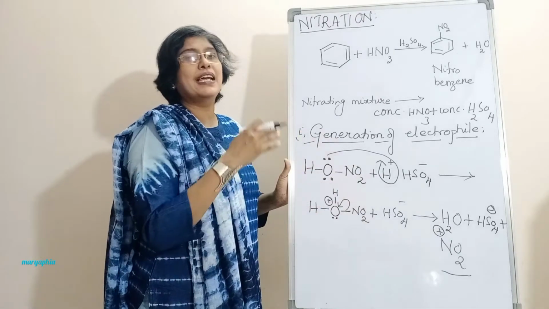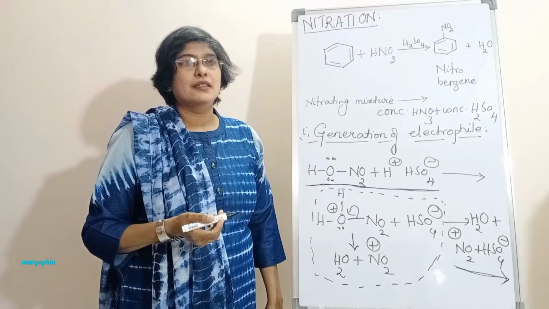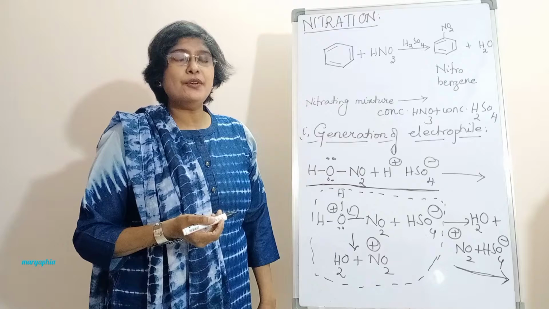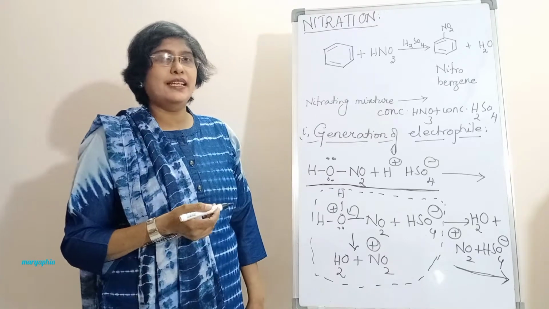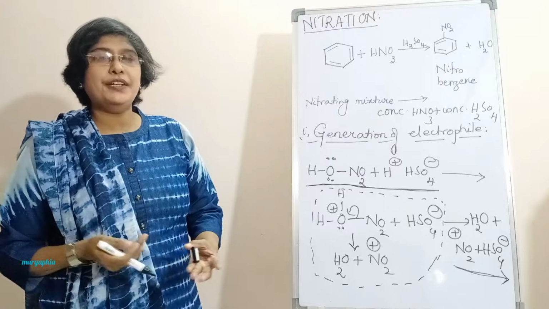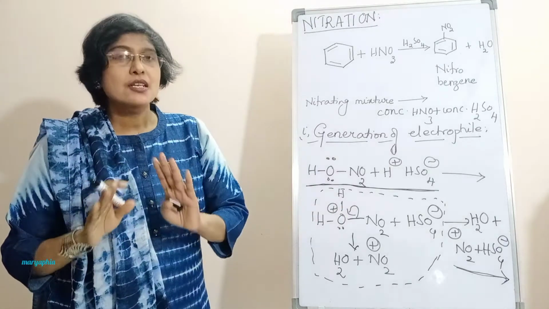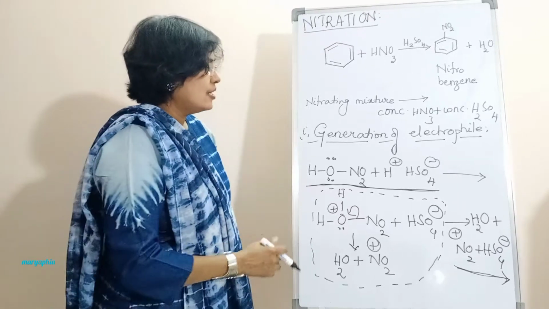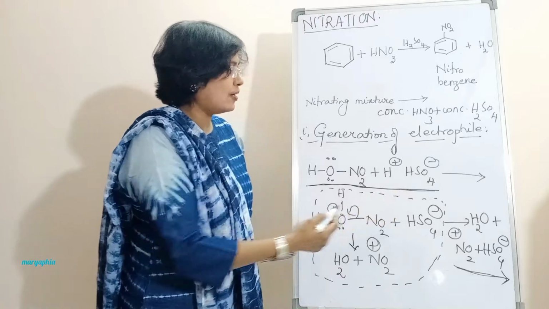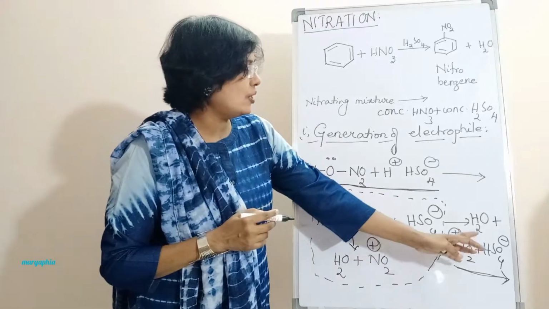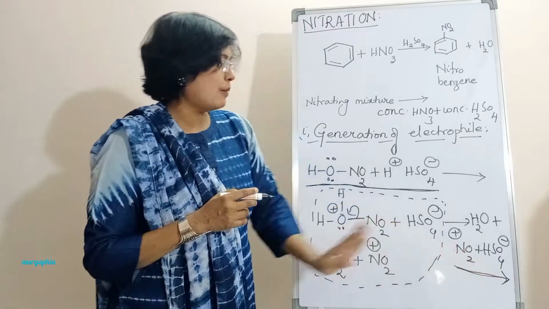Now this electrophile will be involved in the second step. Students, before going into the second step, I want to clarify one thing here. I told you that in whichever video or textbook you watch, all this will not be there. The nitration mixture HNO3 plus H2SO4 will directly be shown as H2O plus NO2 plus HSO4 minus.